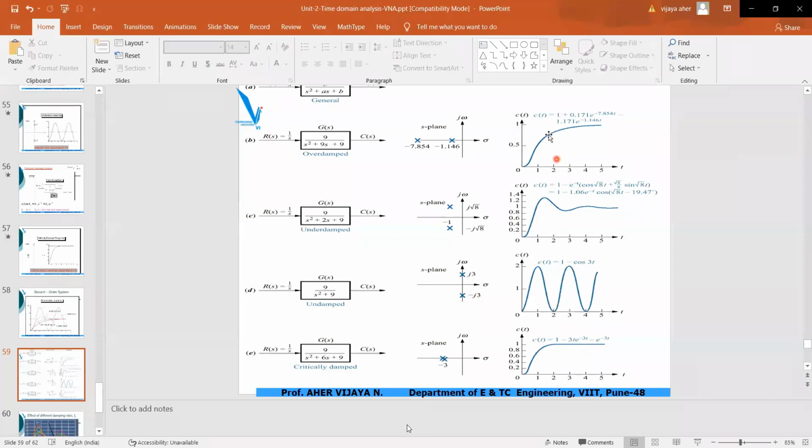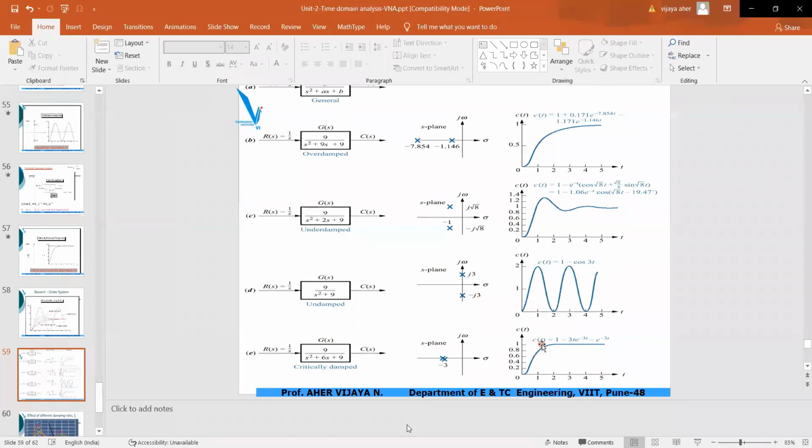So see, from just observing this equation, you will come to know the applied input is a unit step input, because for a unit step input, u of t is equal to 1 for t greater than 0 and u of t is equal to 0 for t less than 0.